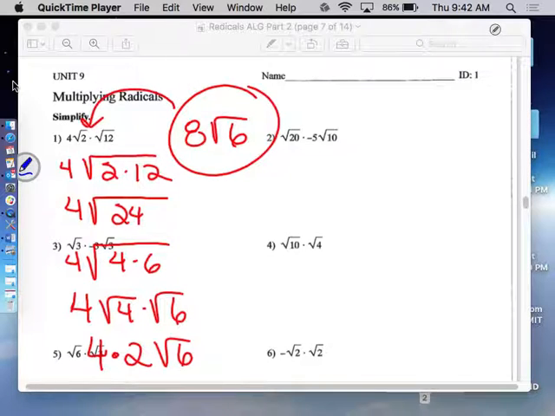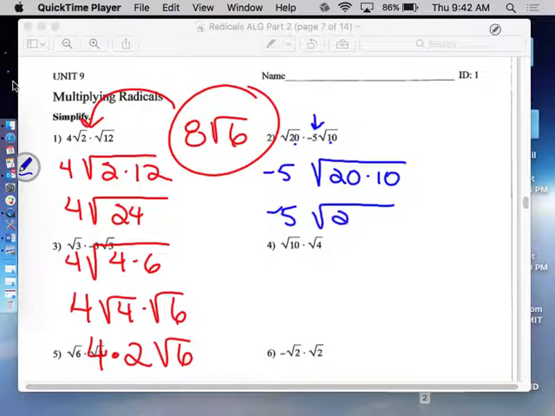Let's look at number 2 together. Number 2, I've got the negative 5 factor sitting in front of the 10, so I'm just going to write it here and ignore it for a minute until I get to the end. And then underneath my radical, I'm going to multiply 20 times 10. That's going to give me 200. I'm looking for the largest perfect square factor of 200. That's going to be 100 times 2.